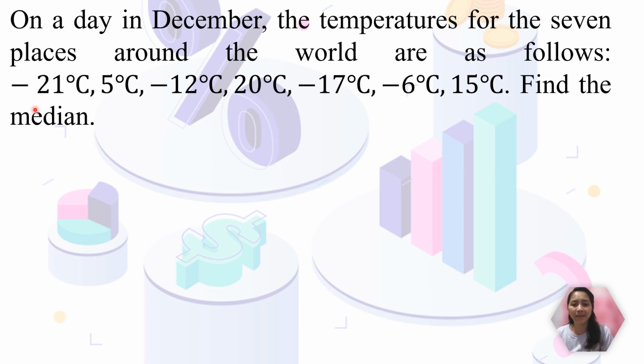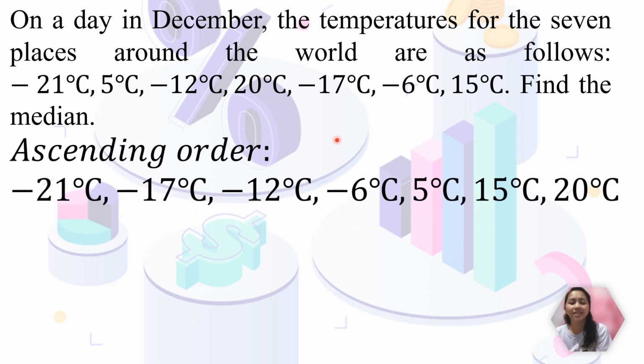Yes, ang pinakamababa natin sa lahat ay negative 21 degrees Celsius. Followed by, yes, we have negative 17 degrees Celsius. Remember, pagtaas ng number at may negative siya, ibig sabihin pagbaba ng value niya.